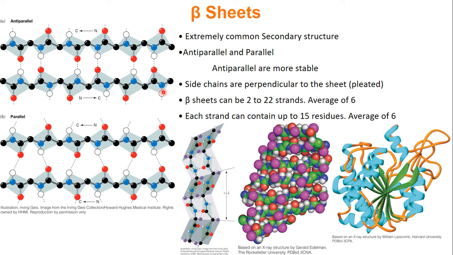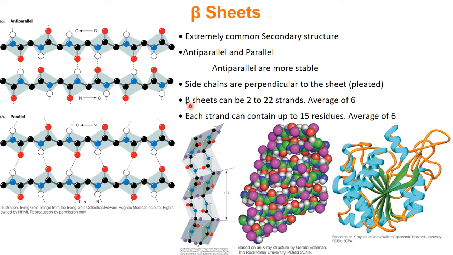These sheets are parallel to each other, and so people often call these pleated sheets. And between the sheets, like in alpha helix, you have hydrogen bonding between the carbonyl carbon and amide nitrogen. If you look at the actual hydrogen bonding, you see that anti-parallel has straight up and down hydrogen bonding, while parallel is more slanted. This means anti-parallel is actually stronger or more favorable. They have stronger hydrogen bonds.